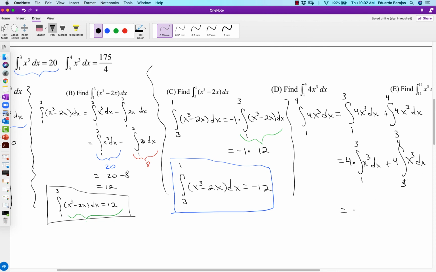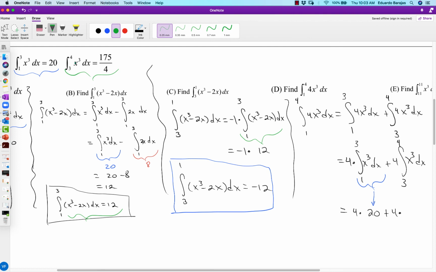And so now this is equal to 4 times 20. Right? All of this is exactly equal to that. 1 to 3, x to the third power dx equals 20. So that'll be this 20. Plus 4 times, and now this one, which goes from 3 to 4, this one is exactly that one.